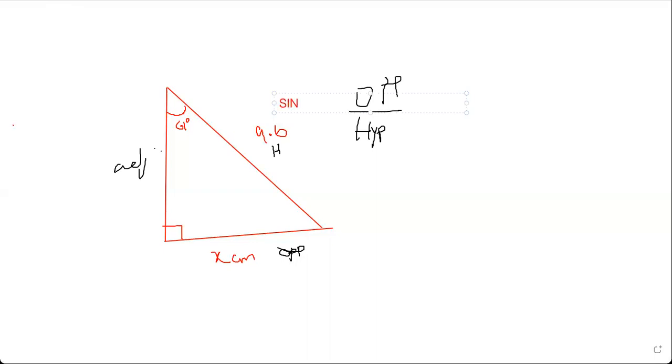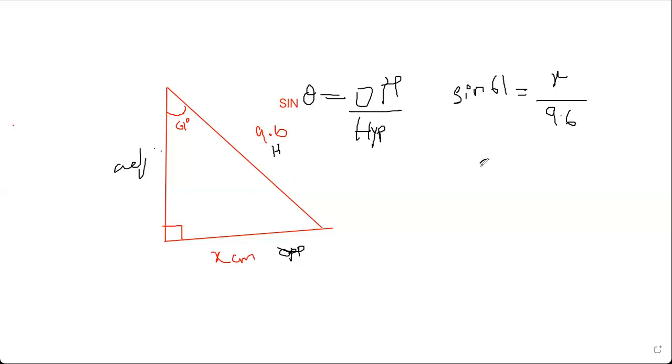Sine theta is equal to opposite over hypotenuse. Theta is given, which is 61. So sine 61 is equal to the opposite, which is not given, x, divided by the hypotenuse, which is given, 9.6.